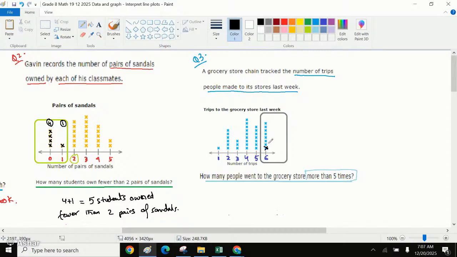So let's count on the graph how many values are there. 1, 2, 3, 4, 5, 6, 7, and 8, right? So there were 8 people who went more than 5 times.